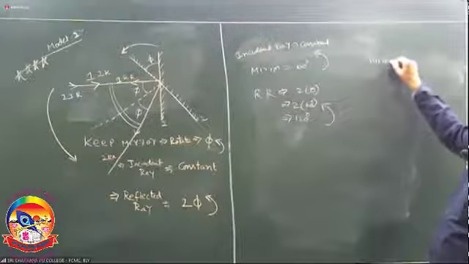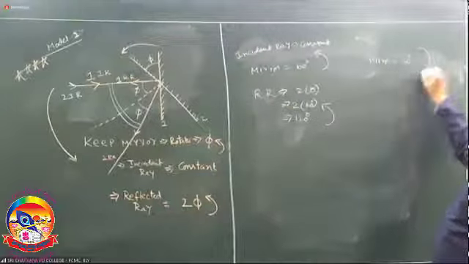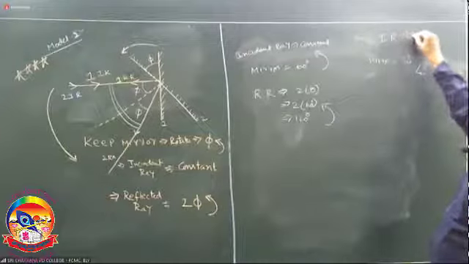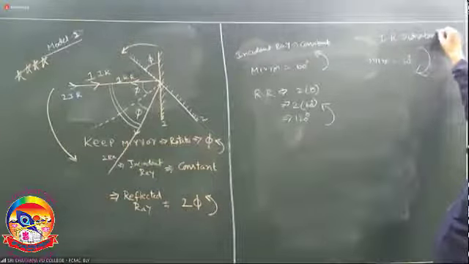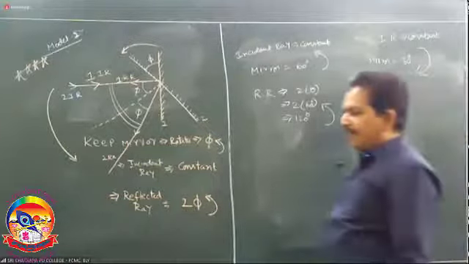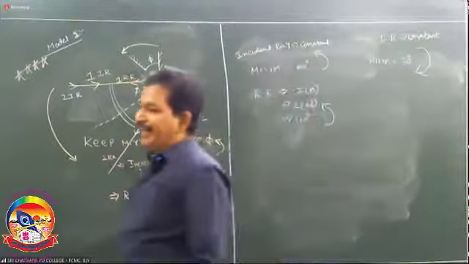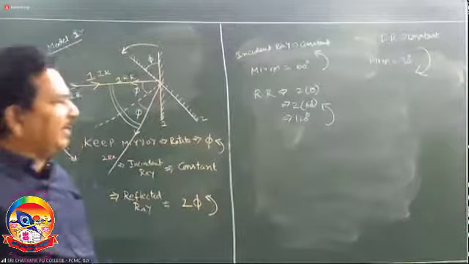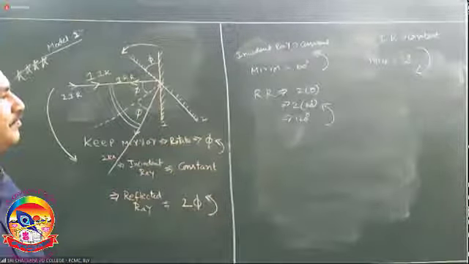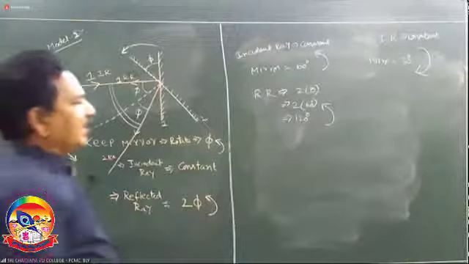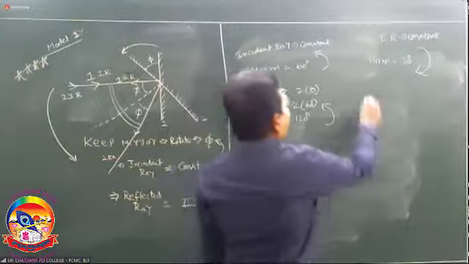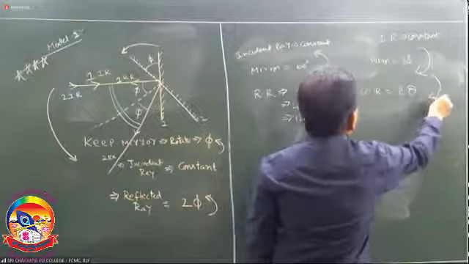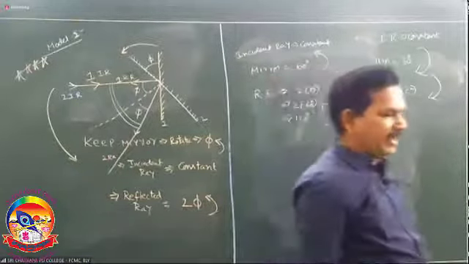Same problem: the mirror rotates by 30 degrees clockwise, with the incident ray kept constant. What is the angle rotated by the reflected ray? They will ask this. The reflected ray is rotated by 2 theta, in the same sense as the mirror.